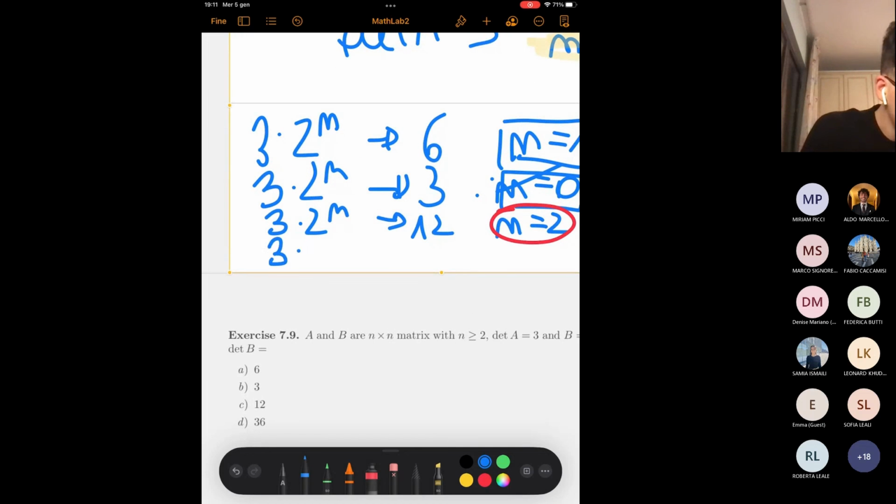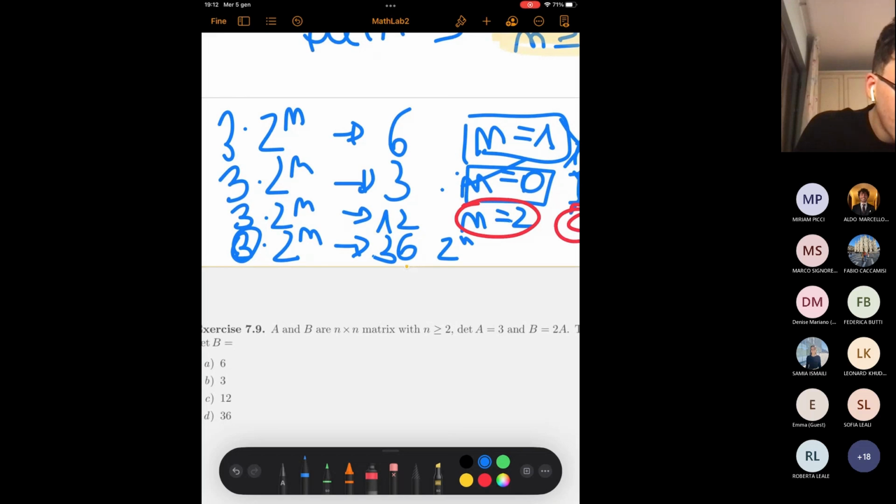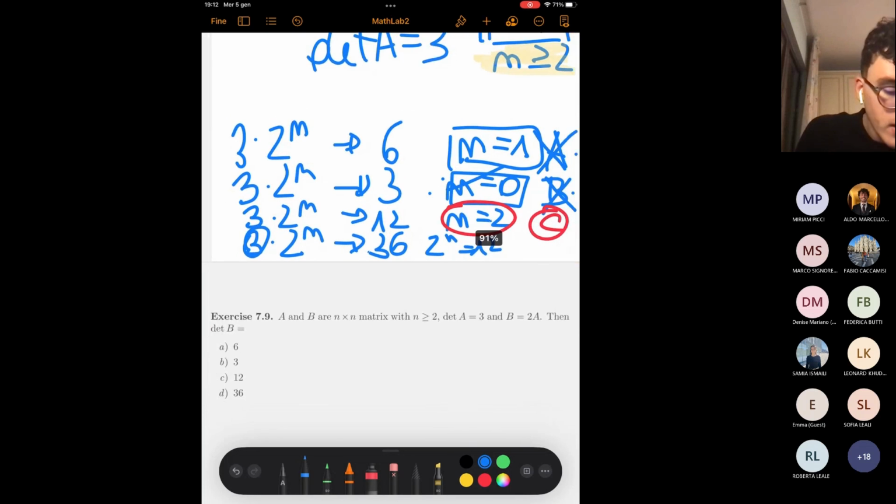So 3 times 2 to the power of n, which is 36. But how can it be equal to 36? Because 36 divided by 3 is 12. But can 2 to the power of n be equal to 12 if n is a natural number?